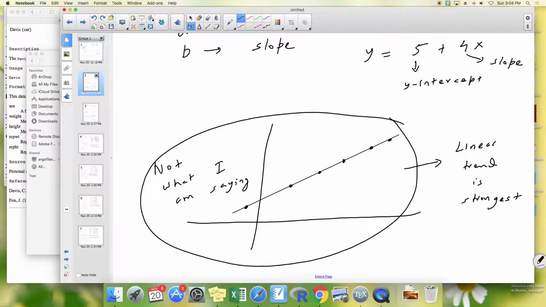Because they fall perfectly on the line. All of these points are falling perfectly on the straight line. So you cannot get more straight line than this. That's it. All of you fall perfectly on a straight line. You can't be any more straight than this, any more linear than this.